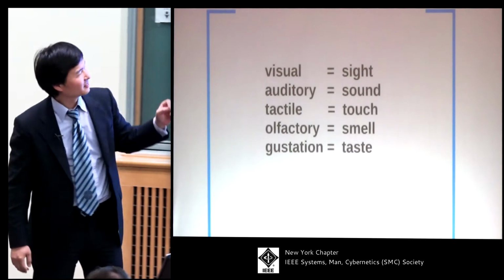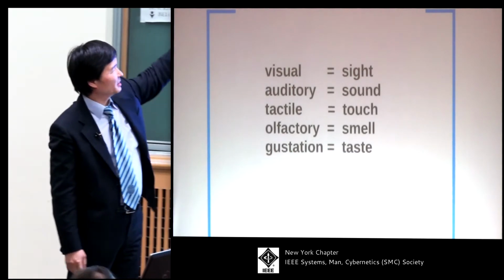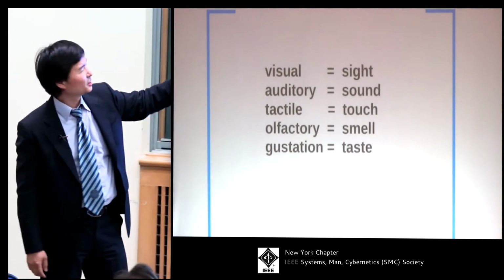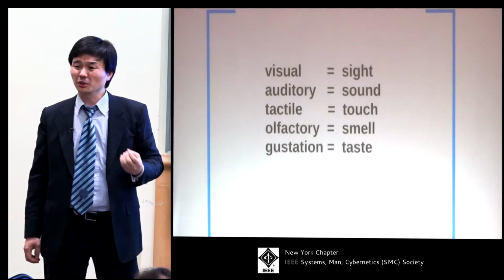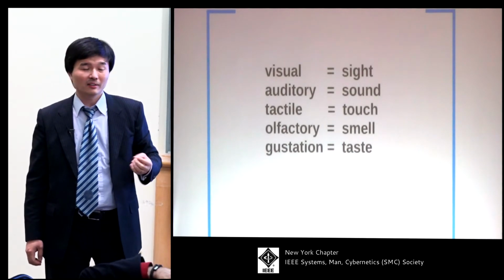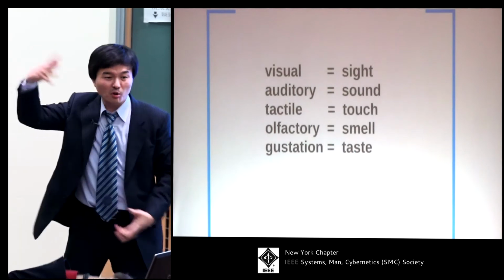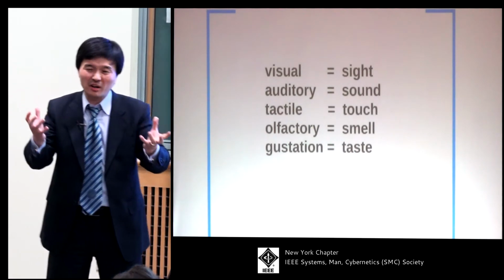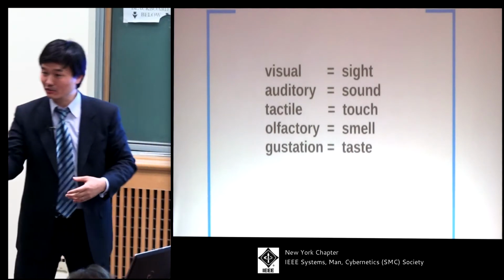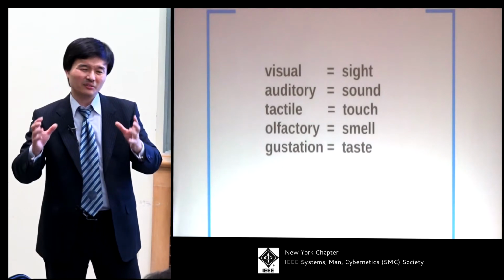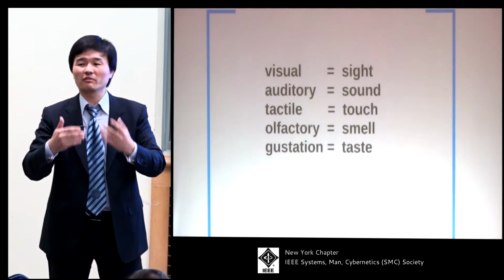In fact, most of the research is in the top three. Smell and taste is very hard to produce. If you go to a theme park, you might have smoke coming out, and it creates some type of smell of volcano, for example. But there's no variation.